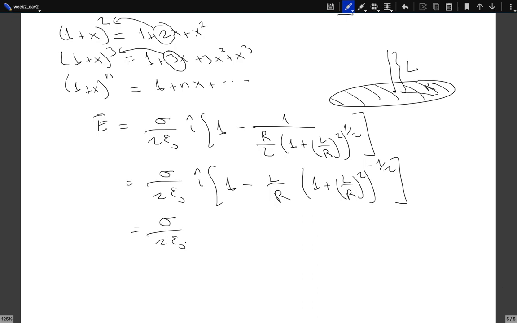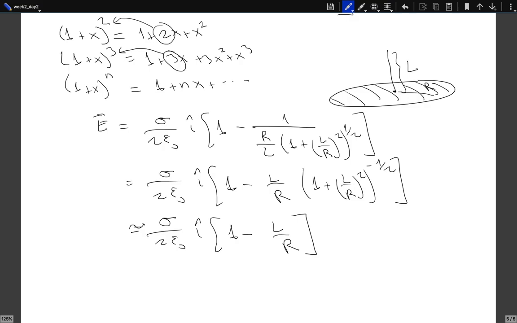Approximately, this is sigma over 2 epsilon 0 times (1 minus L over R). Can I ignore the remaining factor? L over R is already much smaller than 1, and I am already multiplying it by something very small. So any corrections due to this term will be a small number multiplied by a small number. I can just ignore it.